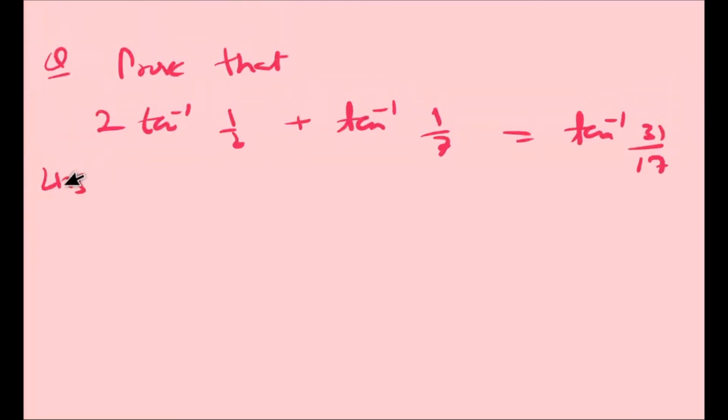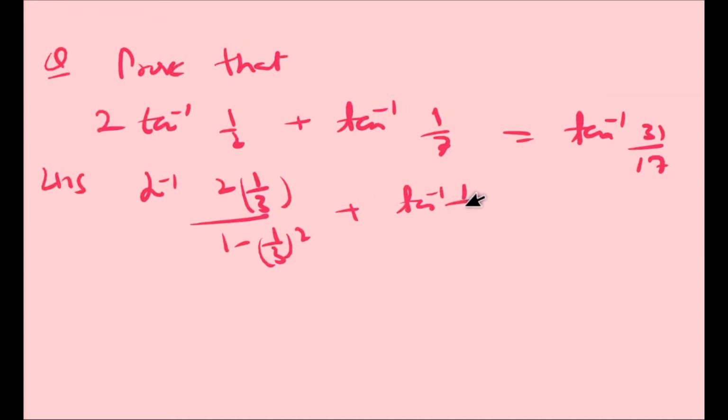So now LHS, the formula for 2 tan inverse x is tan inverse 2x upon 1 minus x square. So we can write 2 tan inverse x in the form of tan inverse, that is 2x upon 1 minus x square.